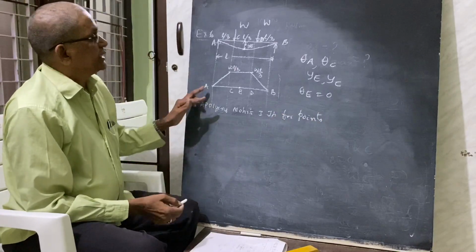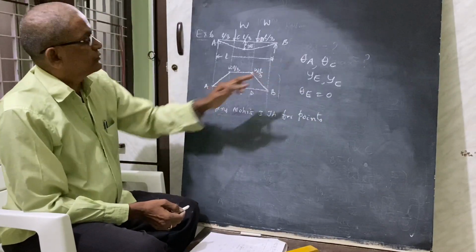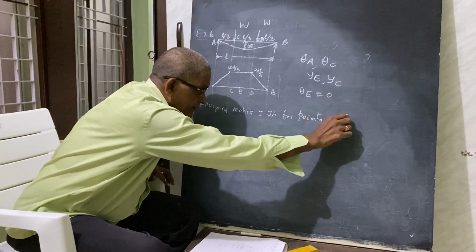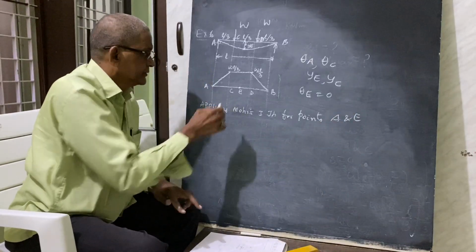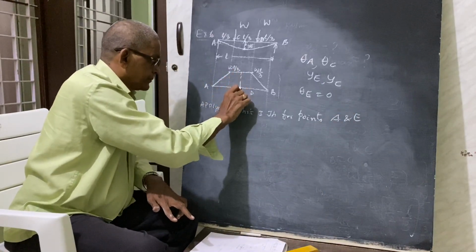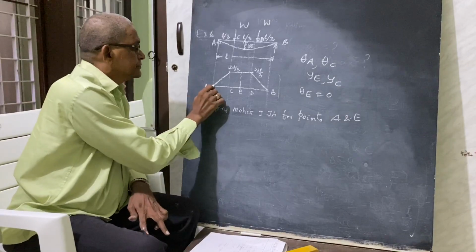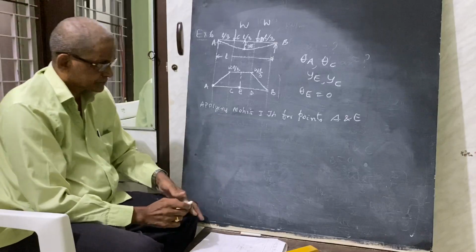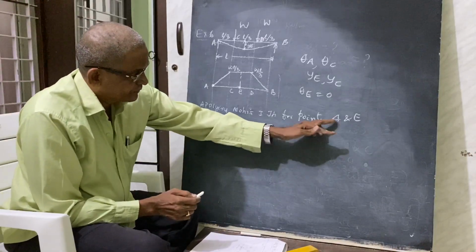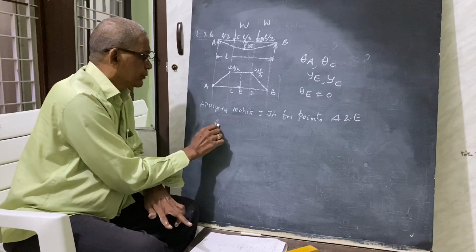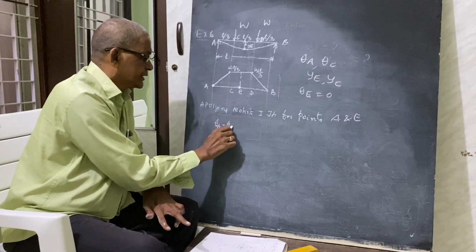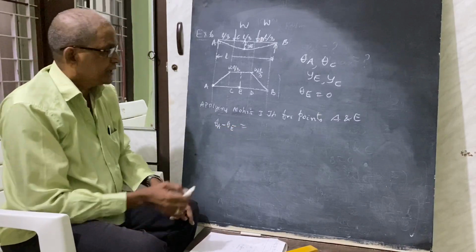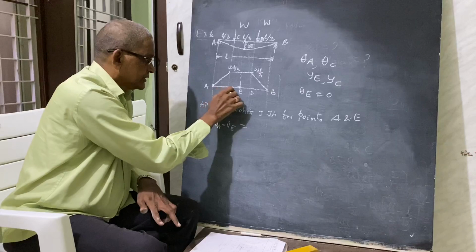So to obtain theta A, we will apply Mohr's first theorem for what points? For points A and E. So what does it state? The difference of slope between A and E, that is slope at A, theta A, minus slope at E, theta E, equals the area of the bending moment diagram between A and E. So this is the diagram.